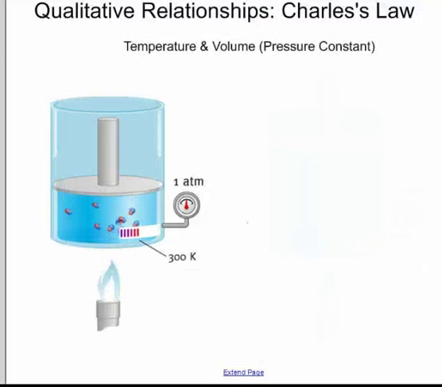We're going to take a look at the conceptual relationship between temperature and volume with the pressure remaining constant. In this particular relationship, we're going to heat up a fixed quantity of gas and see what happens to the volume.